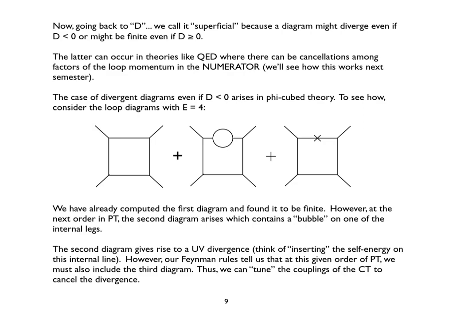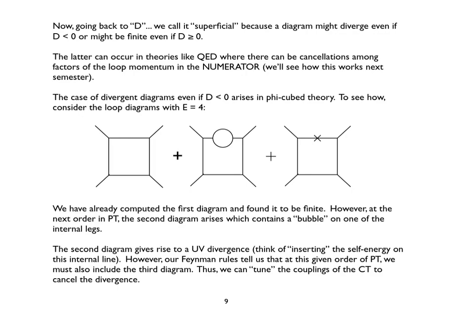All right. So going back to what we call D, which is the superficial degree of divergence. It's not superficial in the sense that it just wants to get a bunch of stuff and wear nice clothes. You guys know what superficial means? Yes. Okay. It's superficial in the sense that it's not exact. It's not an exact science.